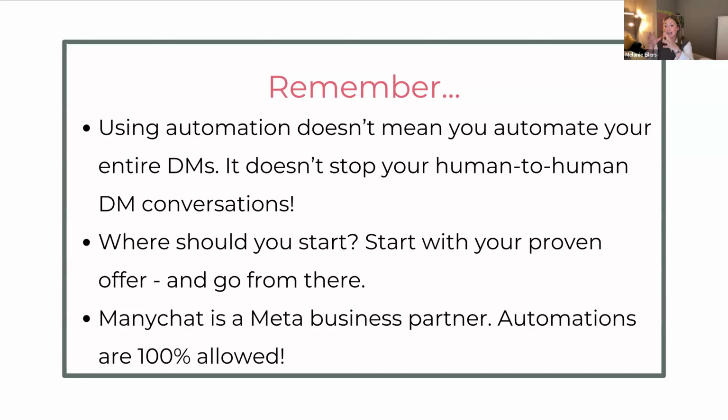Absolutely take that same offer from your website, replicate it into your DMs, and then use it in your organic content. That's one of your proven offers. See how that works, see how that converts, and then think about what else you could start to really build. And obviously, I don't think I really need to say this, but ManyChat is a Meta business partner. Automation is 100% allowed.